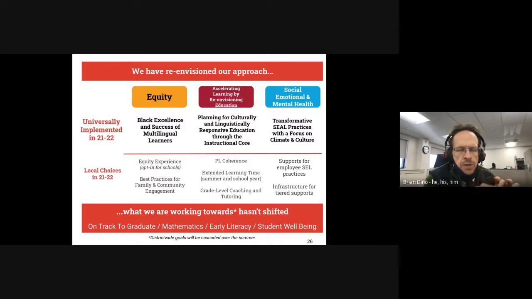These were universally implemented at all schools, that being the Black excellence and success of multilingual learners, planning for culturally and linguistically responsive education, and also transforming using the SEAL practices. And then we still have local choices that schools are implementing. But what we're working towards still hasn't shifted there: on track to graduate, mathematics, early literacy, and student well-being.